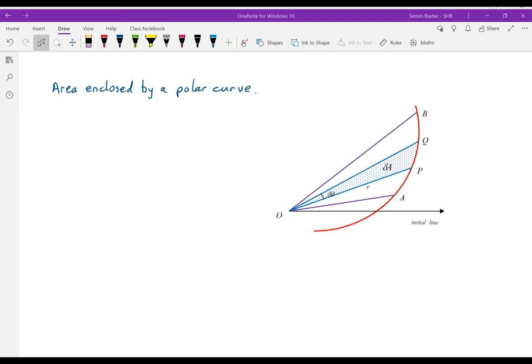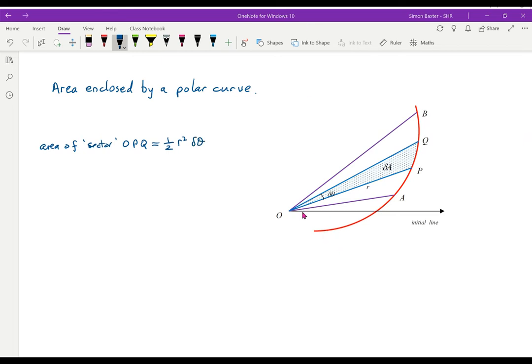So let's look first of all at the area of, I will call it a sector, OPQ. If you can remember your theory, the area of a sector is a half r squared times the angle, which is delta theta.